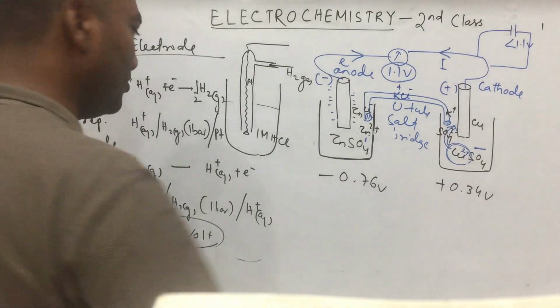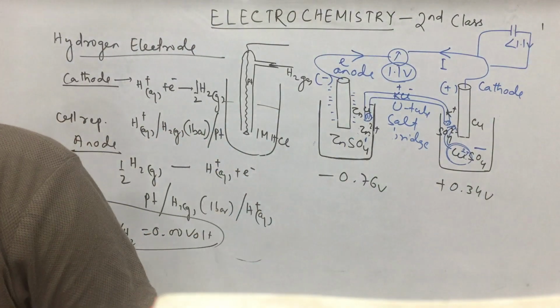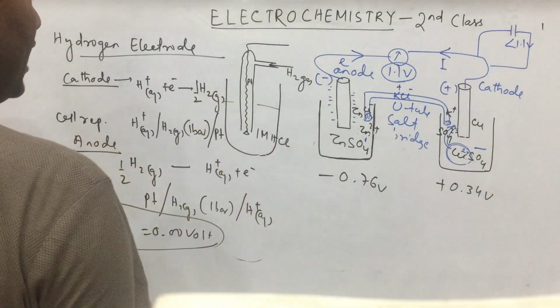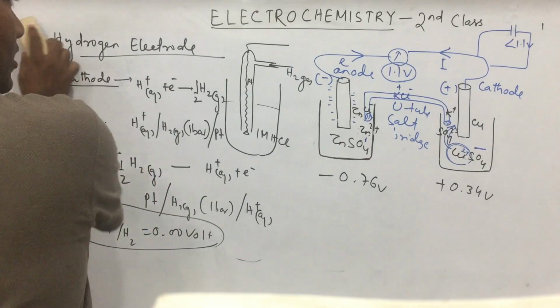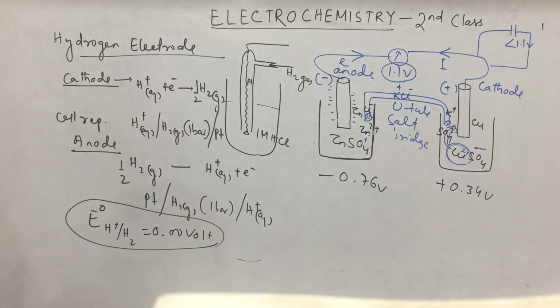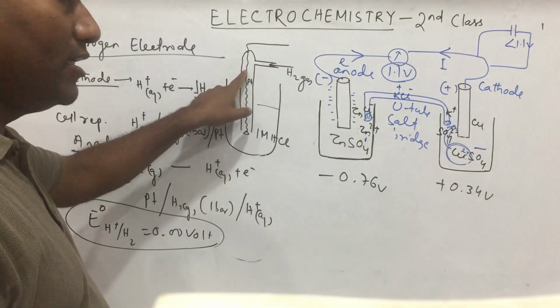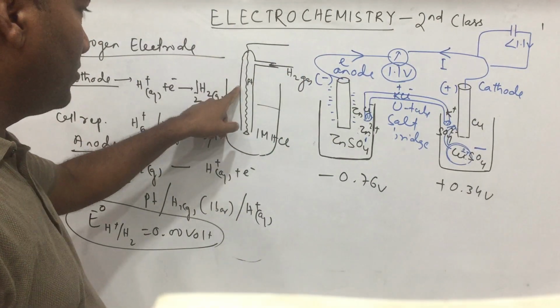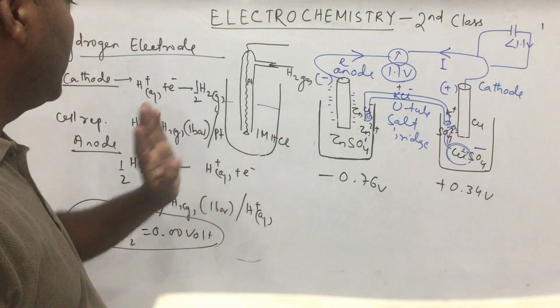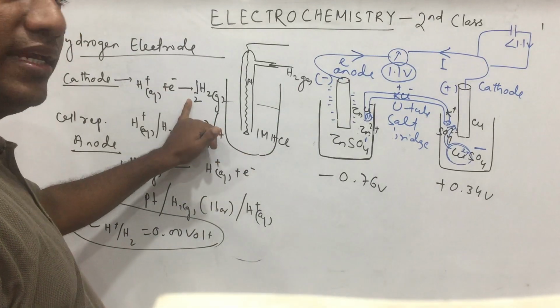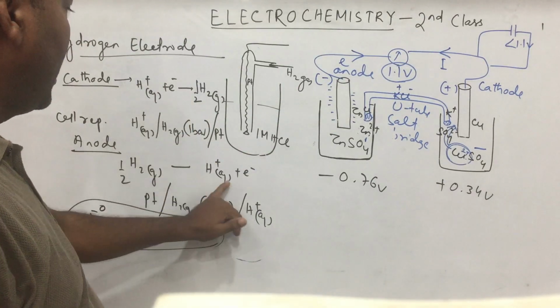Clear now? So that's how you can represent a cell using hydrogen electrode. Again, hydrogen gas we are passing from outside. This is platinum wire coated with platinum black, dipped in 1 molar HCl. It gains as cathode, loses as anode.